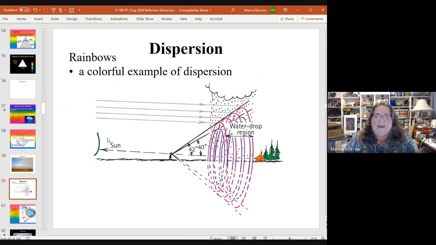The sun is at your back, okay? Sunlight is coming in and it's refracting and reflecting so that the colors split apart, but also it reflects back into your eyes. So you are standing here looking this way towards the rainbow, away from the sun.